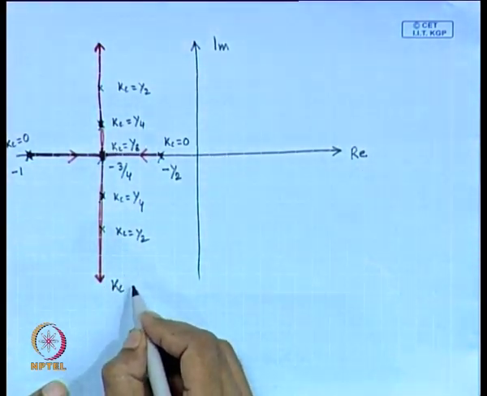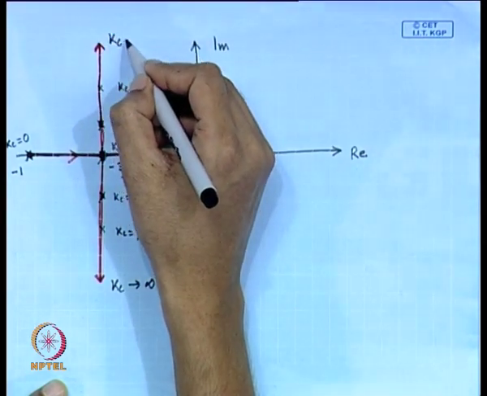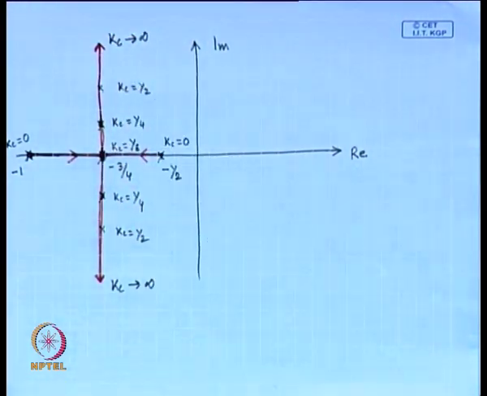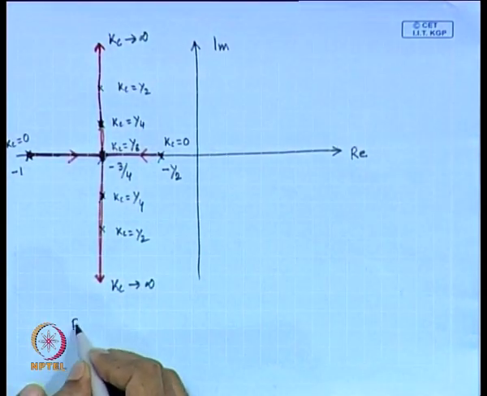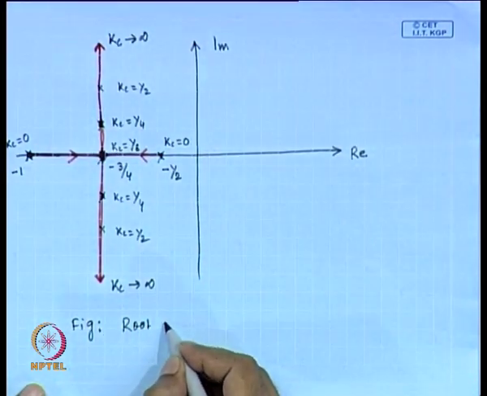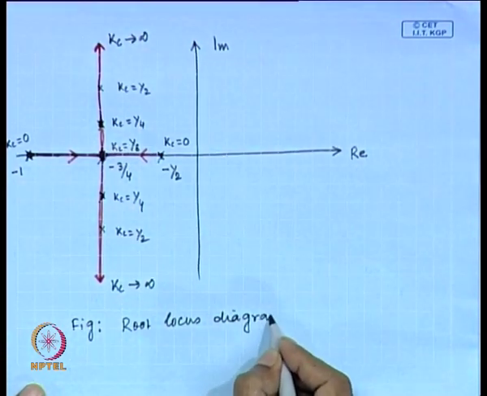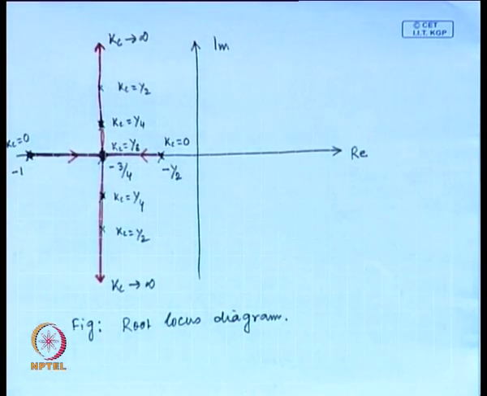This is when Kc approaches infinity, this is when Kc approaches infinity. Now, this is the root locus diagram for the example system, which we produced by locating the roots of the characteristic equation.